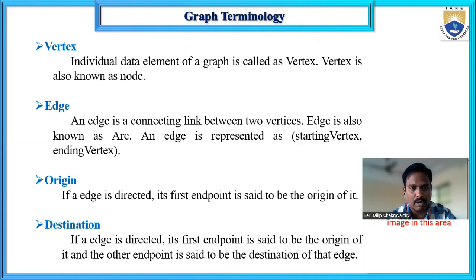From where we are drawing an edge, that point we call the origin, and to where we are drawing, we call the destination. We are starting from one point and ending at one point. The endpoint we call the destination, and the starting point we call the origin. If an edge is directed, its first endpoint is said to be the origin of it, and the other endpoint is said to be the destination of that edge.